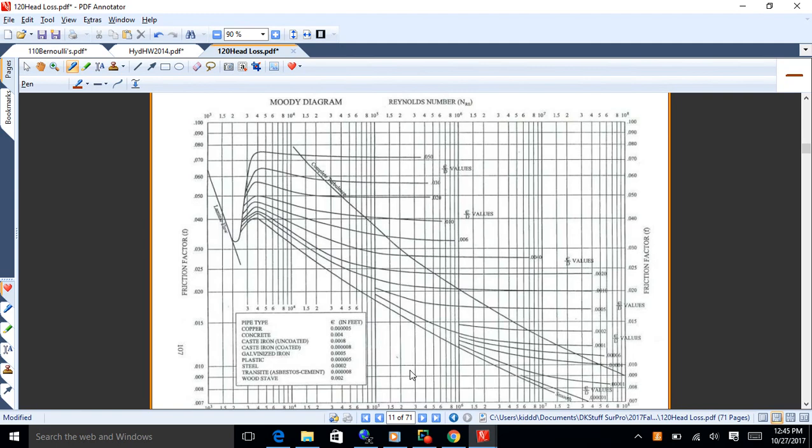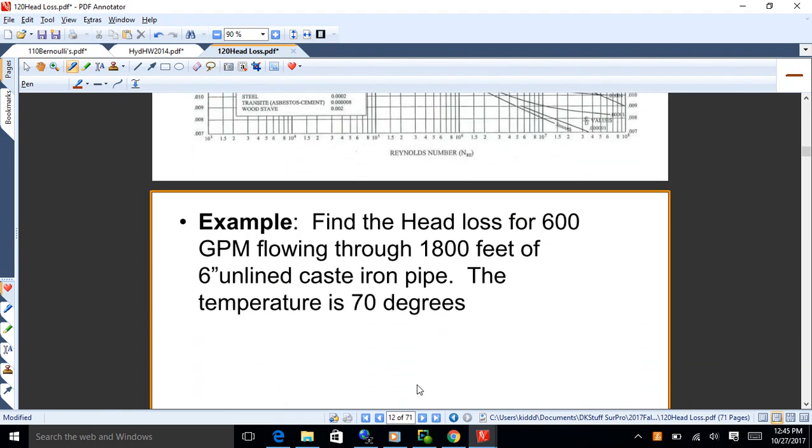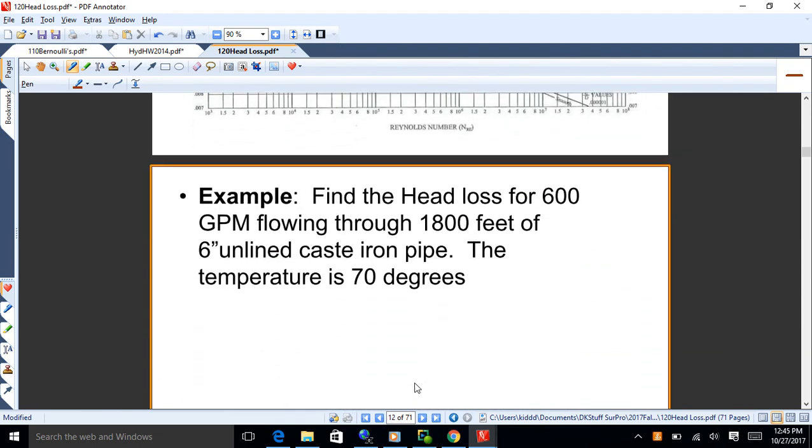All right, let's say we've got water that's at 70 degrees Fahrenheit. Your book might say 60, but the temperature is 70. So if it does say 60, change it to 70. Let's go have a look at page 58 and find the viscosity and the density. You've got a table in there that should give that to you.